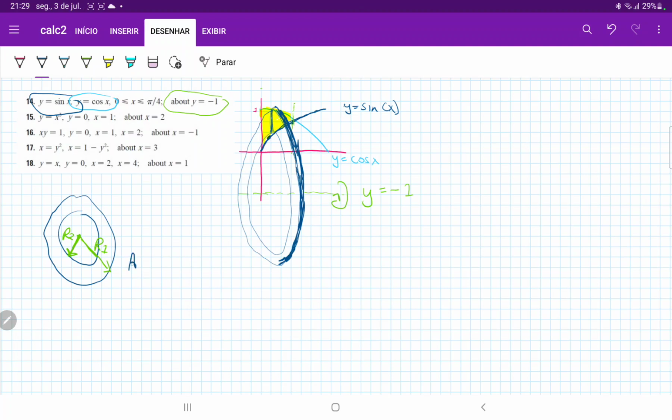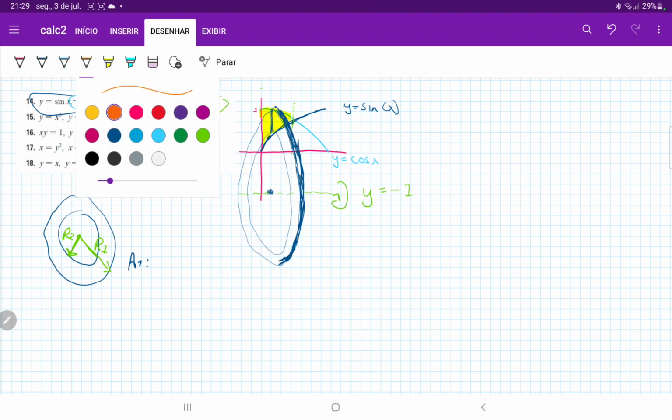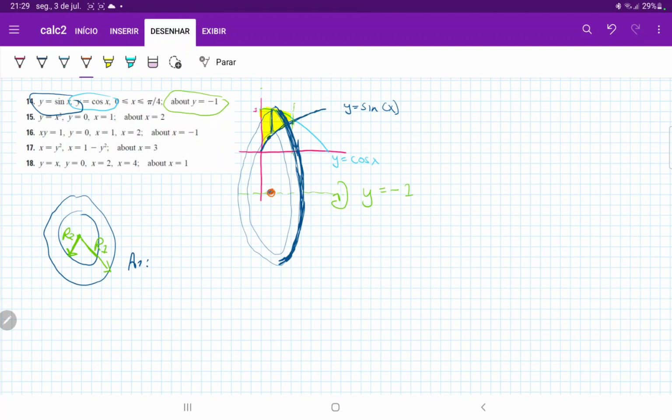So for A1, the biggest one, the radius starts here because that's the center at y is equal to -1, and then it goes all the way out to the upper function, which is cosine x.